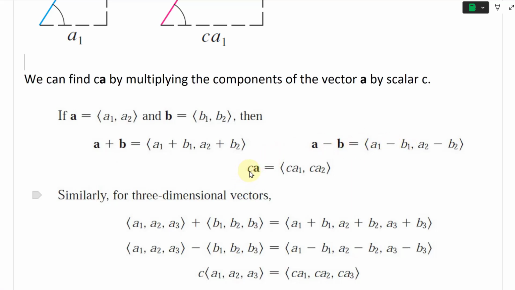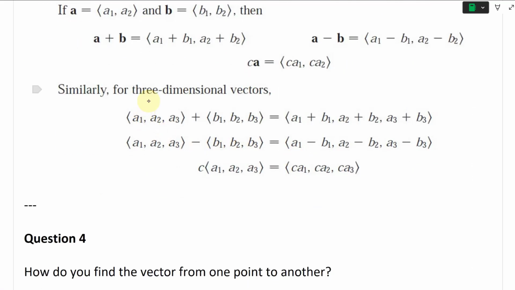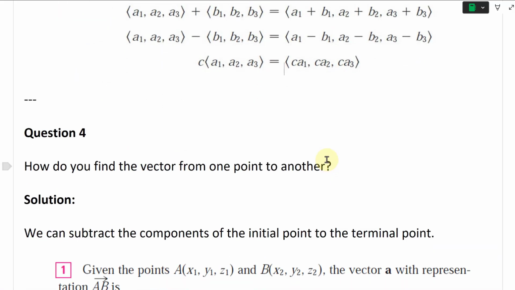And then C times the vector A, you just multiply the components. And same thing in 3 dimensions. Similarly for 3-dimensional vectors, A1, A2, A3 plus B1, B2, B3, again, you add the components, you can subtract the components, and you can multiply with a scalar into each component. All right, so again, that's pretty epic stuff there. So pretty simple.